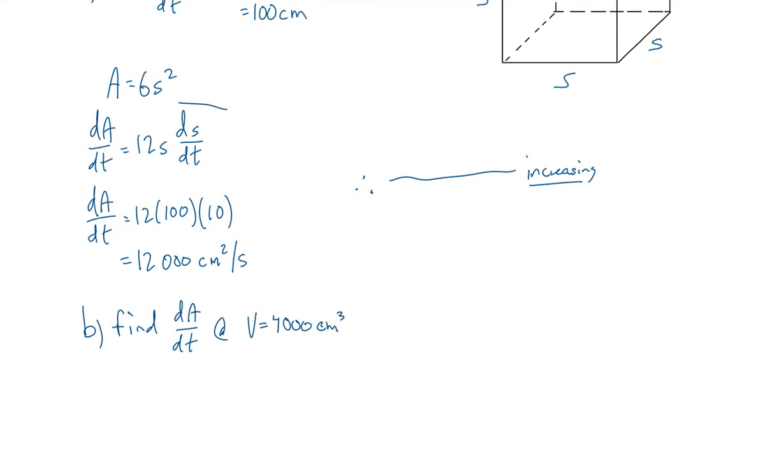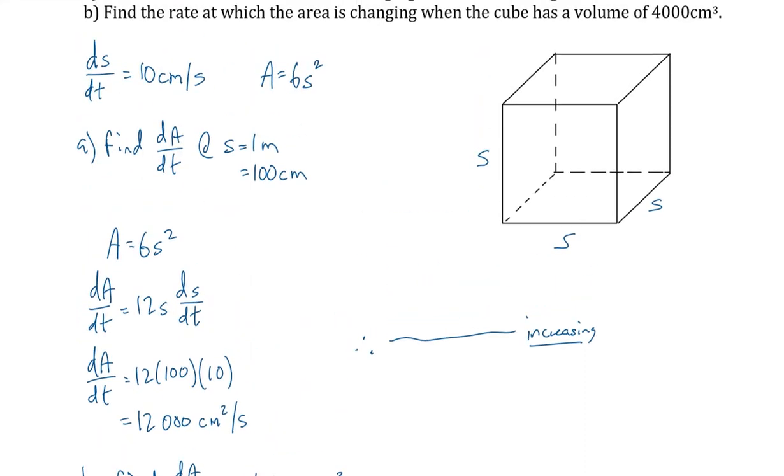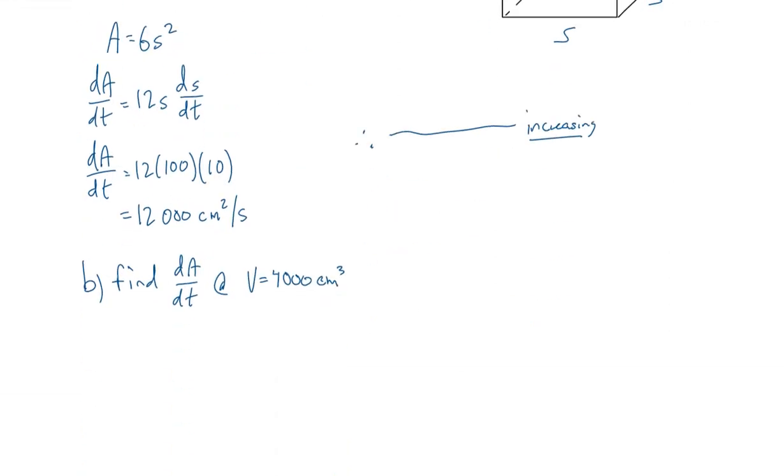Well, take a look at this. When we take the derivative, what do we need to find the rate of change of the area? We need the side length, and we need the rate of change of the side length. Well, we have the rate of change of the side length, but we don't have the side length. So why do you think it's giving us volume? It's giving us volume in order to find the side length.